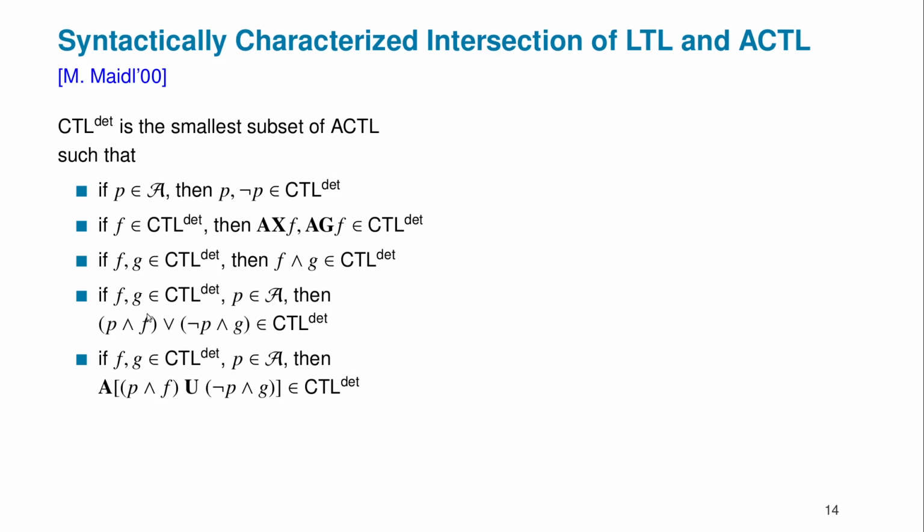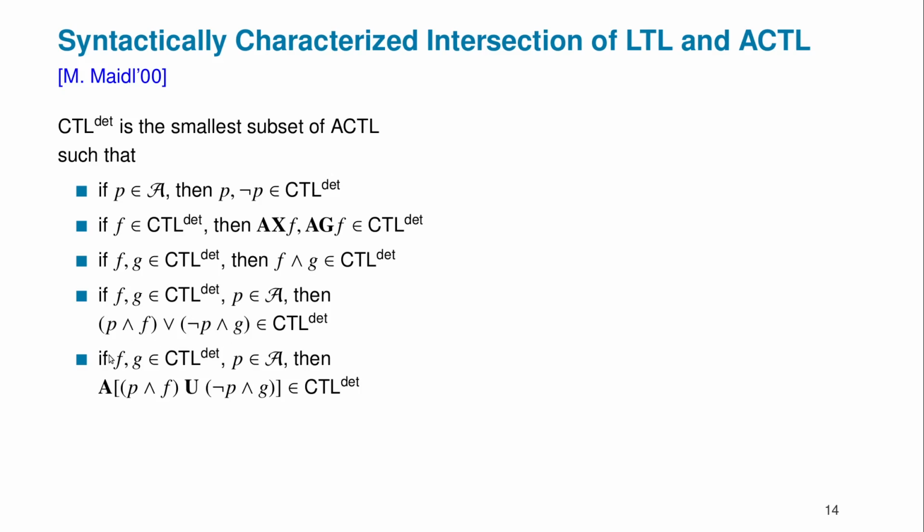Otherwise, with just having the disjunction, the formula would be true if F holds, if G holds, or if both hold. And with introducing this atomic variable and its negation as guards, it becomes clear which of the two formulas F or G holds in a state.